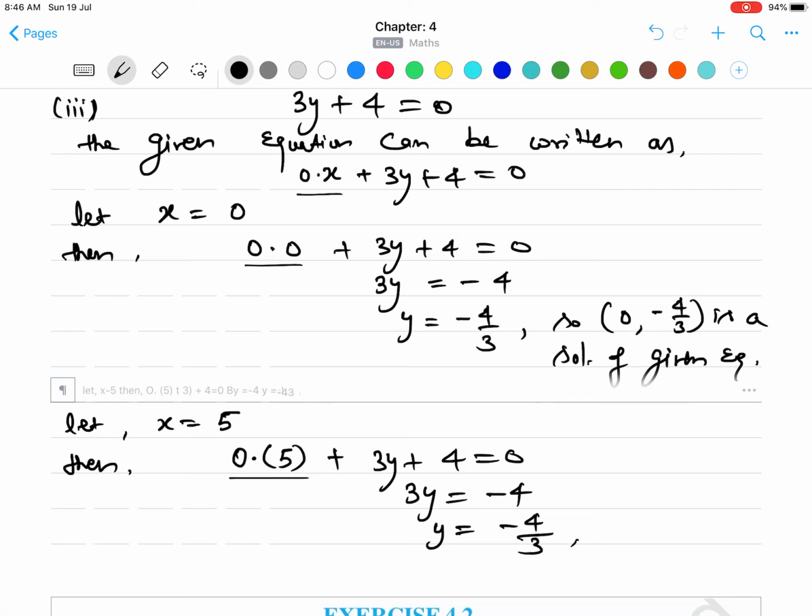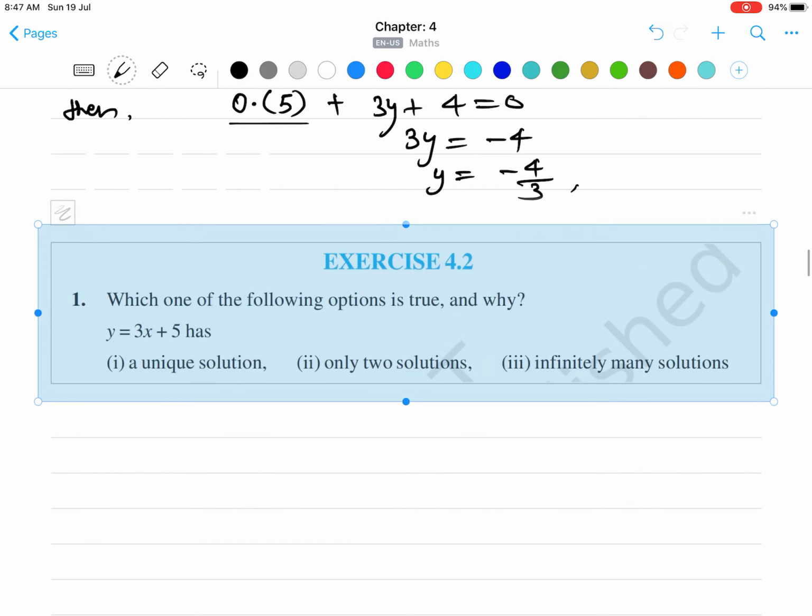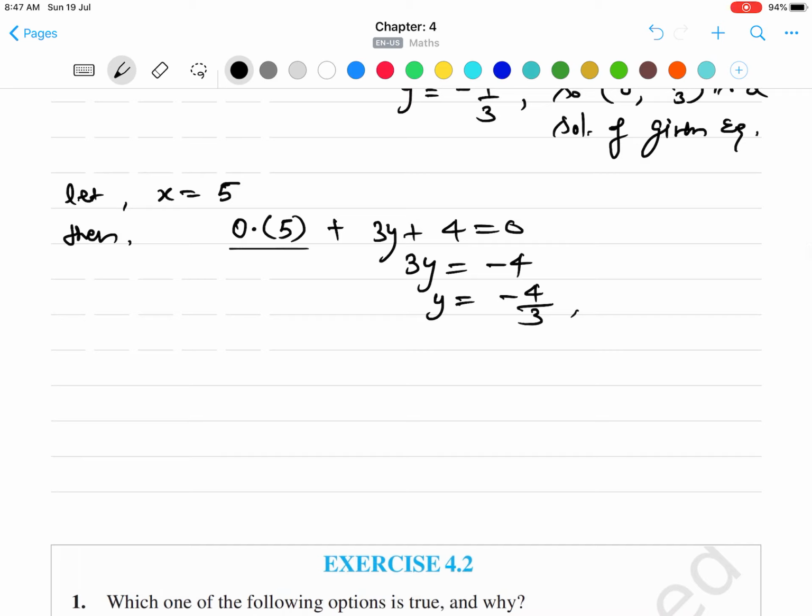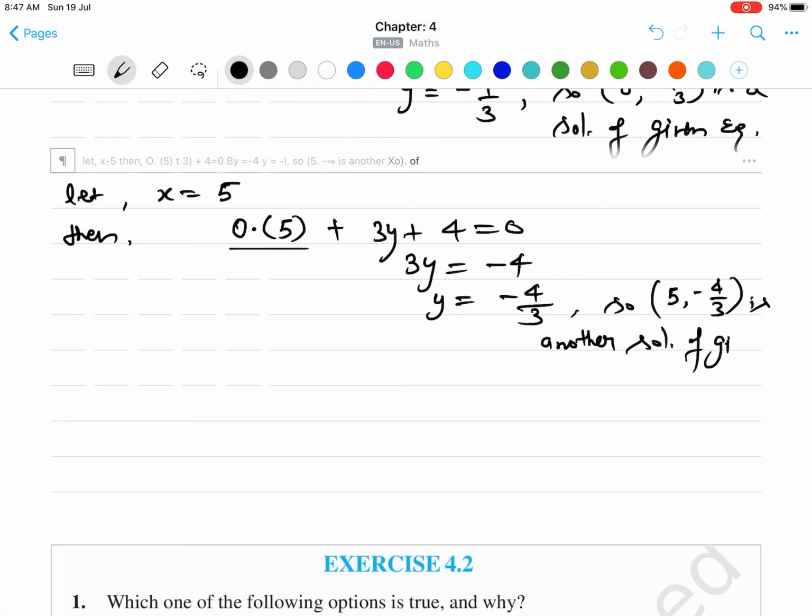Okay, so the value x is 5 and y is minus 4 by 3 is another solution of the given equation.